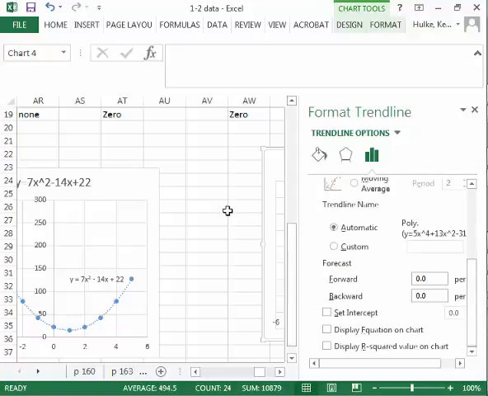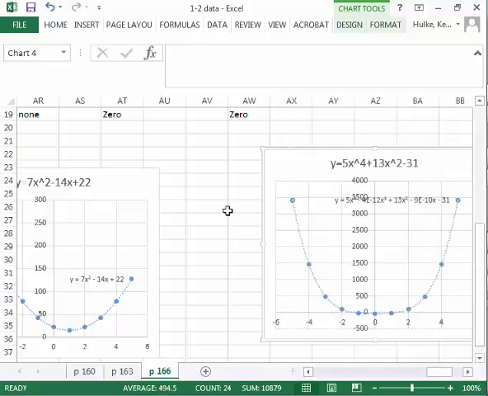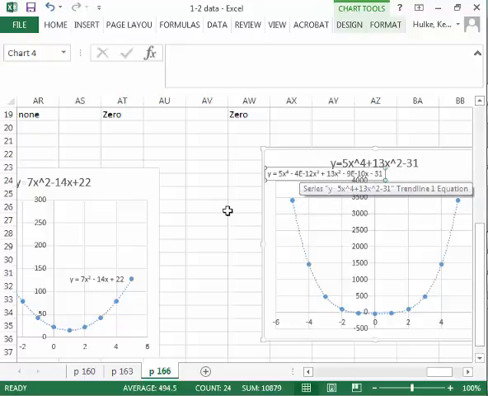And then I'm going to add the equation, and it says, let's see here, 5x to the 4th. It does have an x cubed term that it tried to get, but if you notice it's pretty close to 0. 13x squared. It's got an x term pretty close to 0, and then it's got a negative 31.